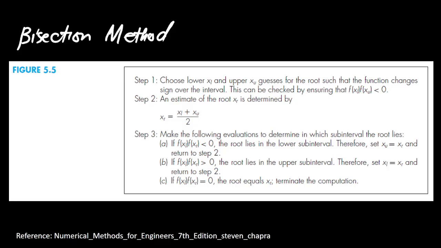Then step 2: since you already have your upper and lower guesses, now what we did in the graphical presentation was bisecting the bracket. In calculation, we take the average of the two guesses that we consider, or add them and divide by 2.